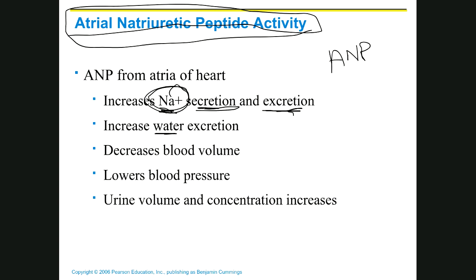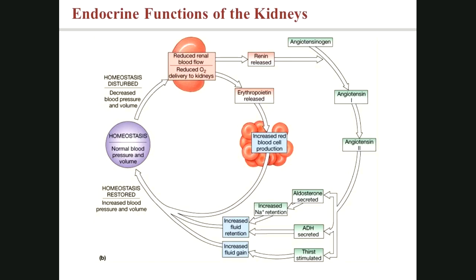So we'll also excrete water. That water is going to come out of the blood, so we're going to decrease the blood volume. If you decrease the blood volume, automatically you decrease blood pressure. And so we're going to restore homeostasis here. So aldosterone, ADH, I don't see ANP on there.